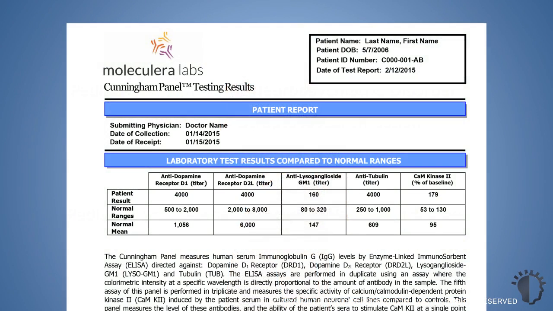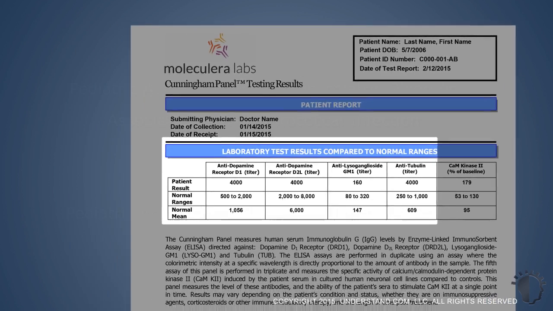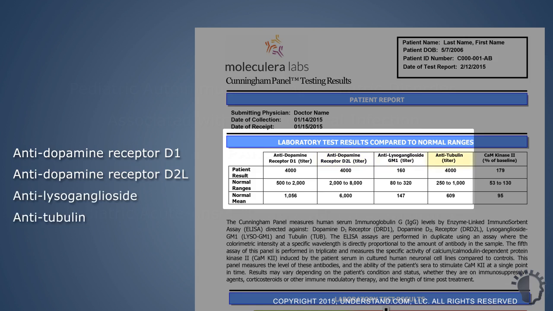The Cunningham Panel is comprised of 5 distinct tests. 4 of these tests use enzyme-linked immunosorbent assays, or ELISAs, to measure the circulating levels of a patient's autoantibodies directed against 4 of the neuronal antigen targets: anti-dopamine receptor D1, anti-dopamine receptor D2L, anti-lysoganglioside, and anti-tubulin.